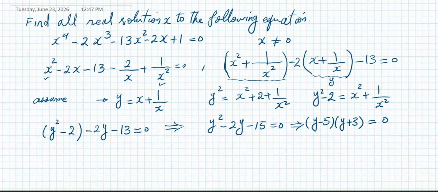In other words, what are the two numbers that if you multiply, it's minus 15, and when you add them together is minus 2, and the two numbers are minus 5 and plus 3 here. So the roots of this equation for y are y equal to 5 and y equal to minus 3.